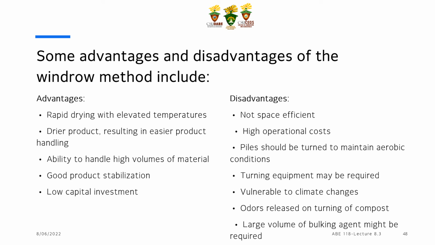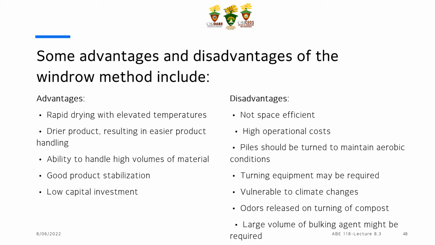So these are some of the advantages and disadvantages of the windrow method. For advantages: rapid drying with elevated temperatures, dried product resulting in easier product handling, ability to handle high volumes of material, good product stabilization, and low capital investment.